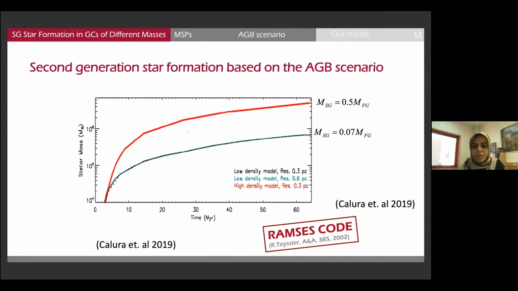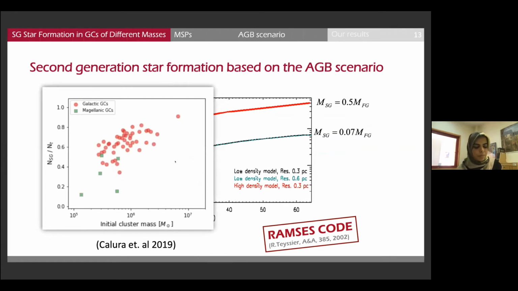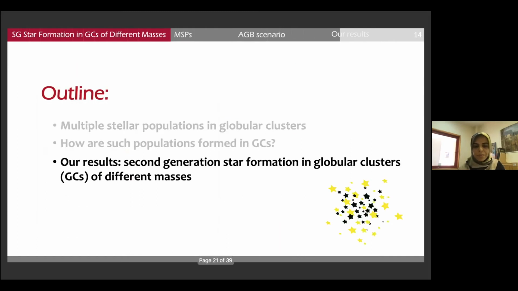But we know that globular clusters with multiple populations are estimated to have initial masses less than 10 to the 7 solar masses, so we thought that a parameter study on the cluster mass would be useful to investigate. So in the current study, we expand the work to a range of initial cluster masses.